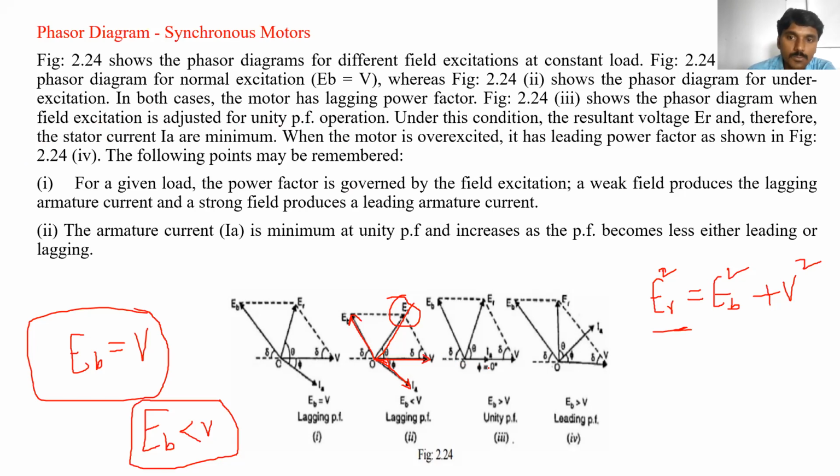When we get the unity power factor, the voltage and current are always in phase, which means phi is equal to 0. This back EMF leads the voltage by an angle of 120 degrees, and the resultant voltage ER is equal to the phasor sum of the back EMF plus the voltage.